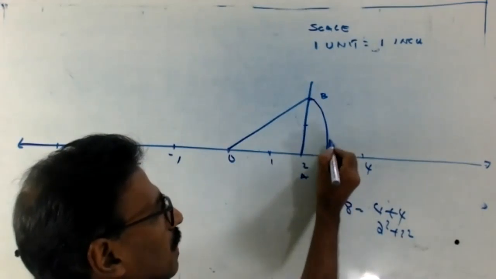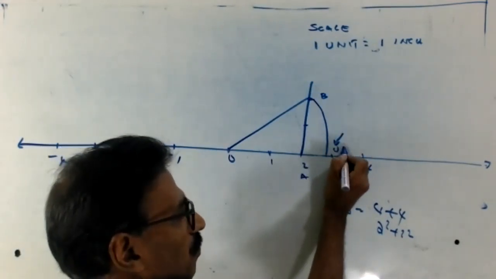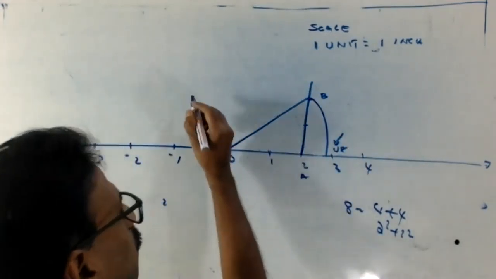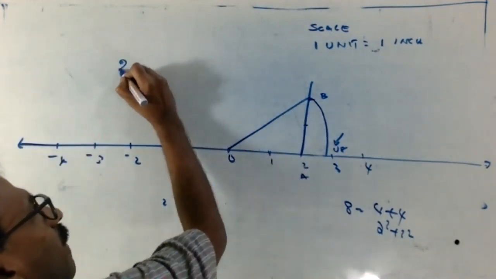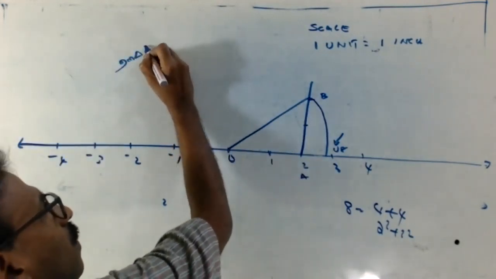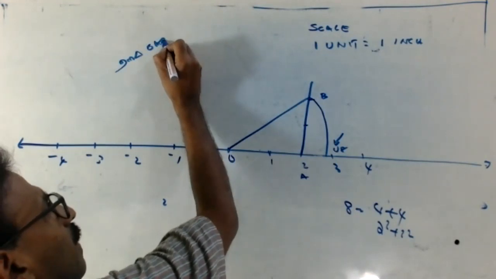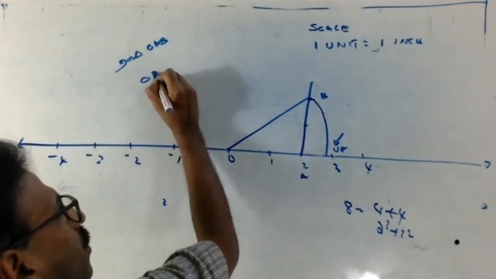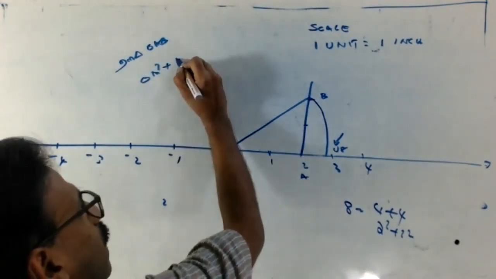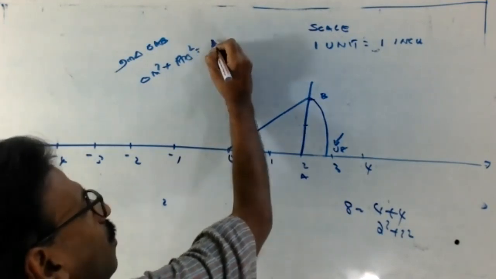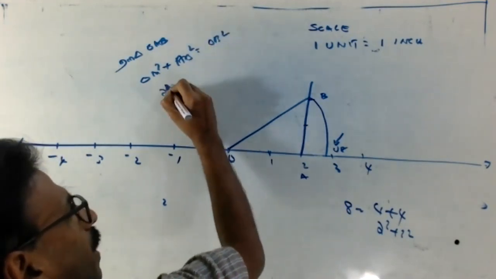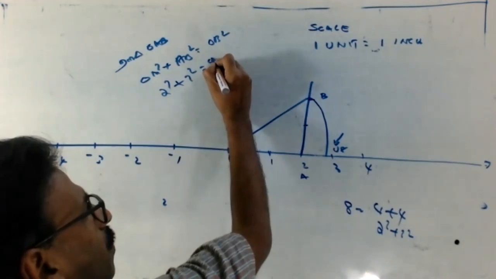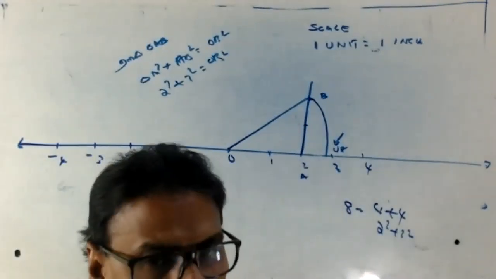That means here, this is root of 8. The proof: in triangle OAB, OA square plus AB square equals OB square. That is 2 square plus 2 square equals OB square. So OB equals root of 8.